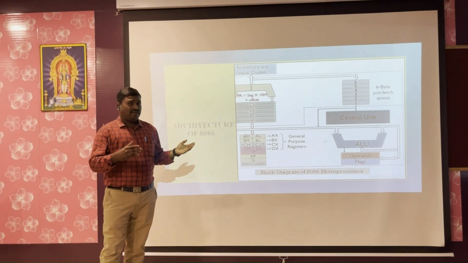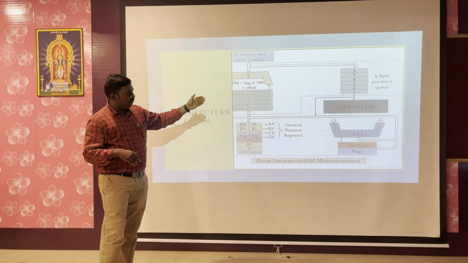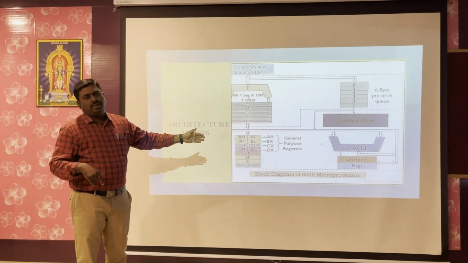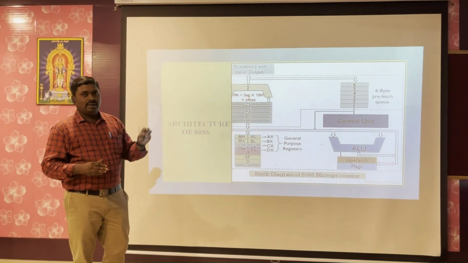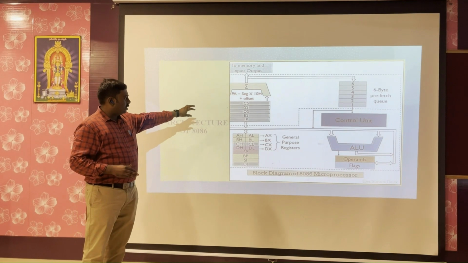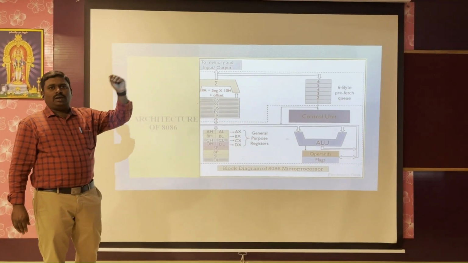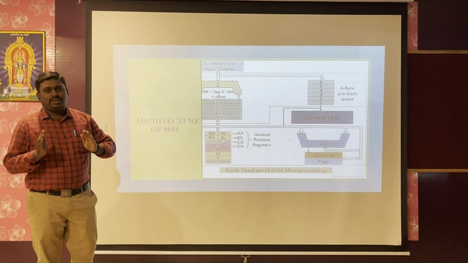Let us see the flag registers in the following slide. Before that, after performing the operation, the output may go to the flag registers. After executing the operations, the data is passed through the segment registers and moves to the other devices. So the processor has the segment registers.